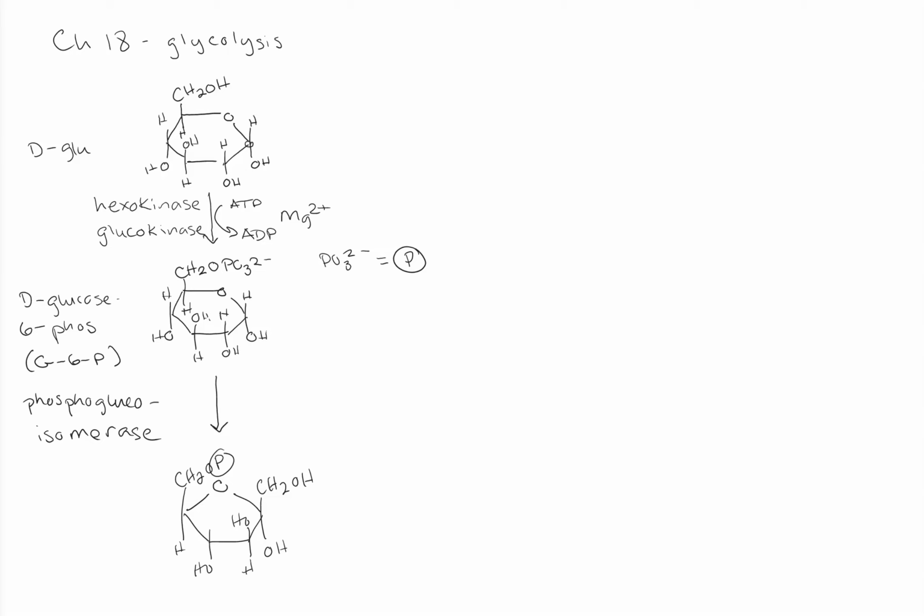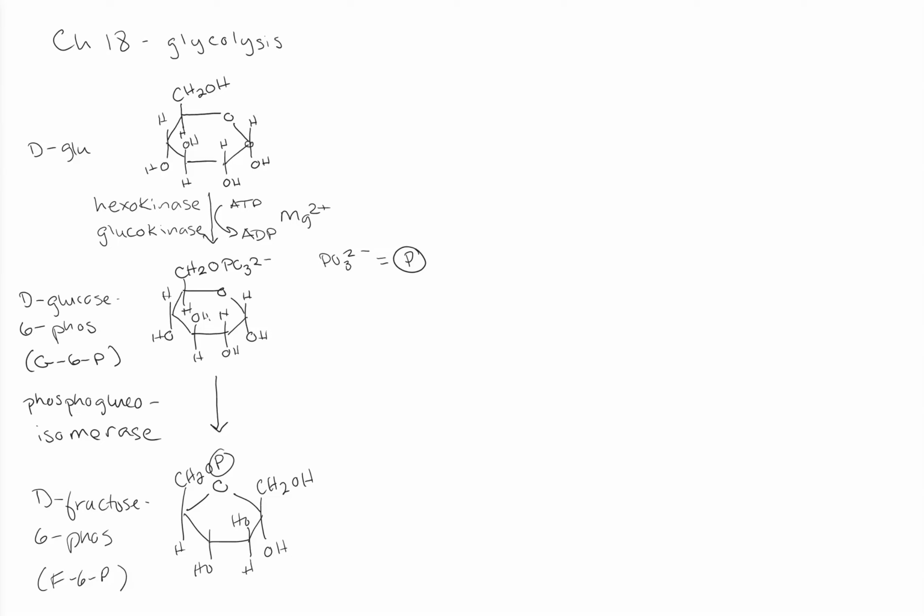And what we have now is D-fructose 6-phosphate, which can also be abbreviated F6P. So what we've done is we've gone from a glucose ring to a fructose ring.